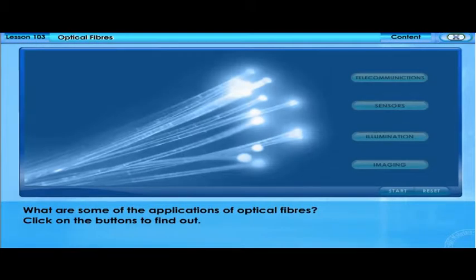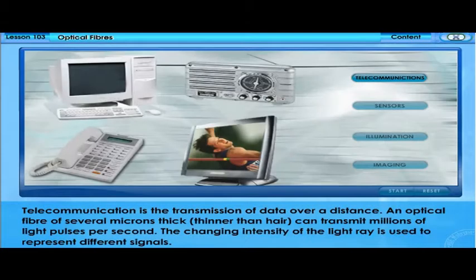What are some of the applications of optical fibers? Click on the buttons to find out. Telecommunication is the transmission of data over a distance. An optical fiber of several microns thick, that is thinner than hair, can transmit millions of light pulses per second.